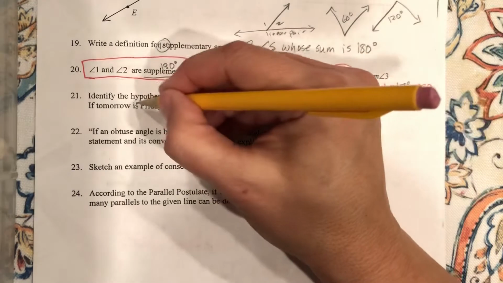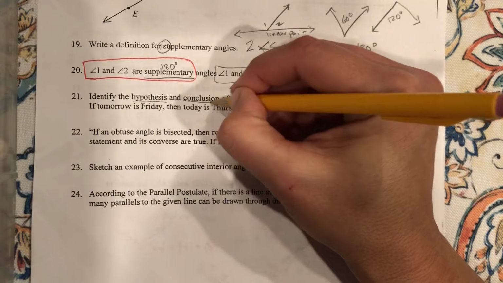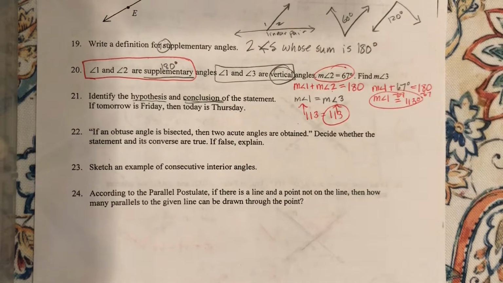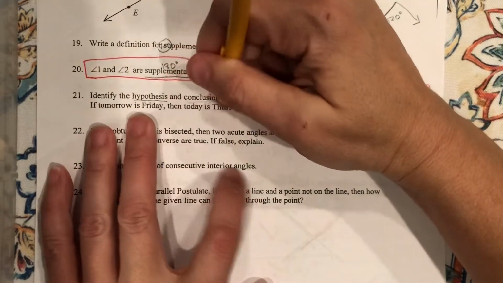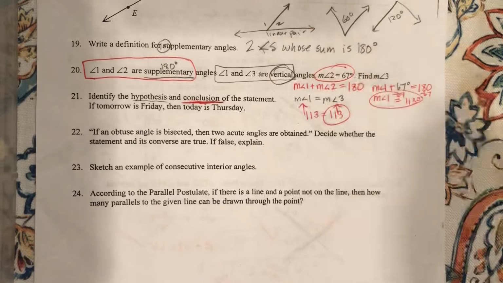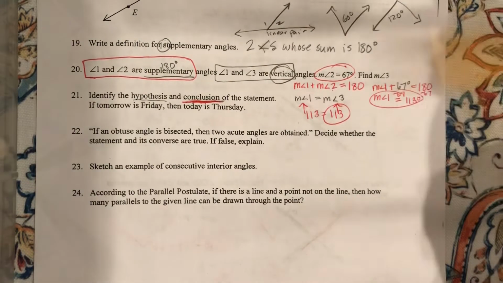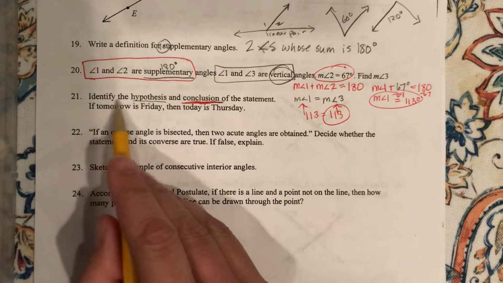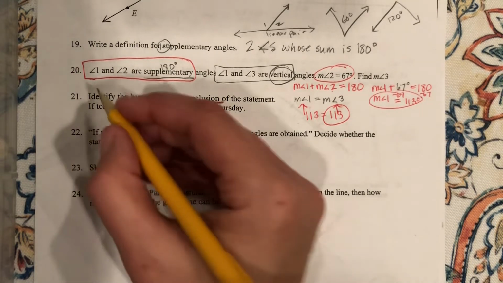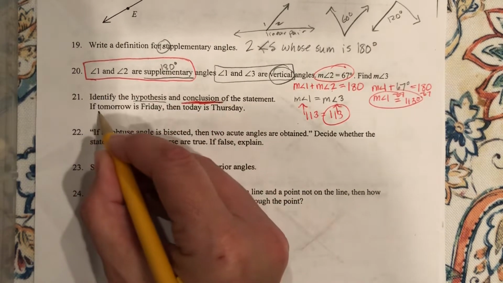All right, 21. Identify the hypothesis and the conclusion. And what we did in class was we underlined the hypothesis once and the conclusion twice. What I'm probably going to do, just for time purposes, I'll underline the hypothesis in pencil and the conclusion in pen. All right, the hypothesis is what's going to happen first. It's the if part of the statement, but not with the if.